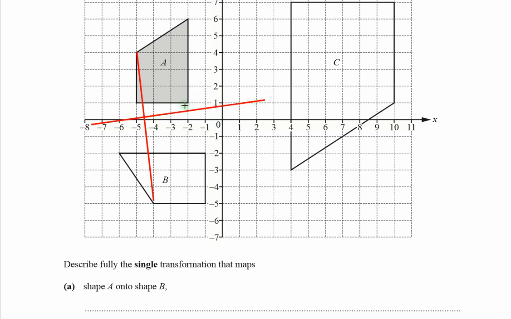Okay, now let's look at another pair. This point actually, this is the corresponding point. So let's join here. Then the perpendicular bisector would be somewhere here. Okay, this is just an estimation.